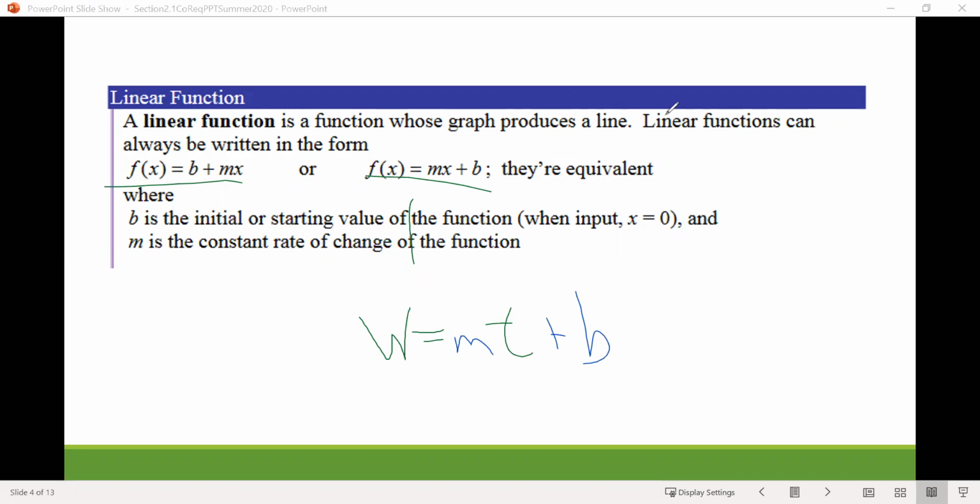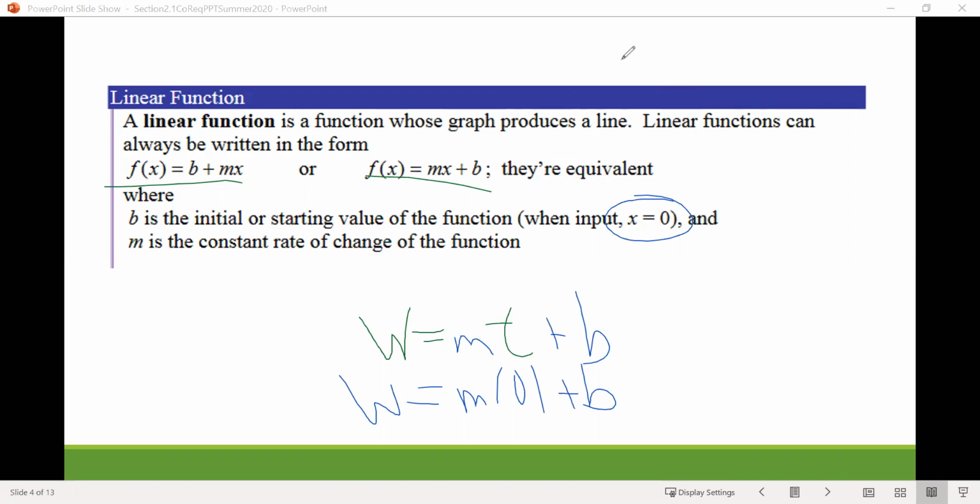And those, as it says here, the b stands for your initial or starting value of the function. And note that it also says that's when the input x equals 0 or t equals 0, whatever, right? And hopefully you can see that in what I've written here, because regardless of what m is, if t is 0, right, we'd have w equals m times 0 plus b.